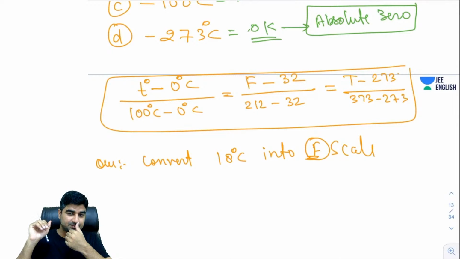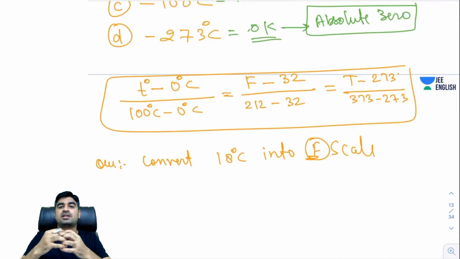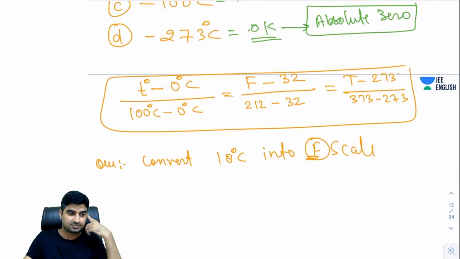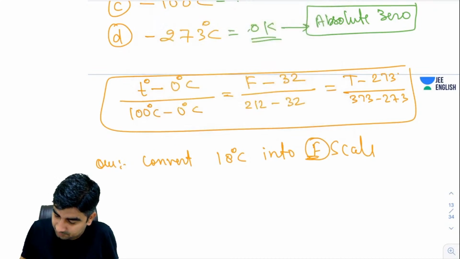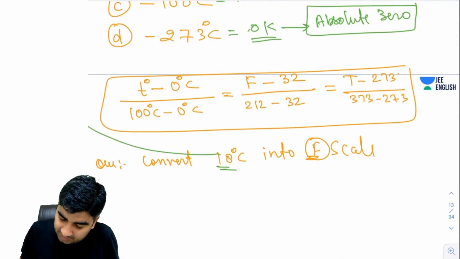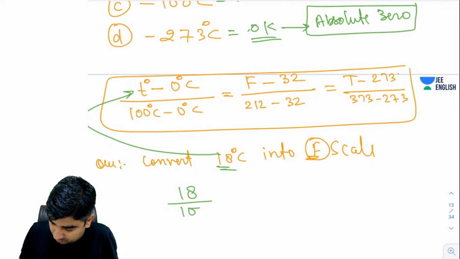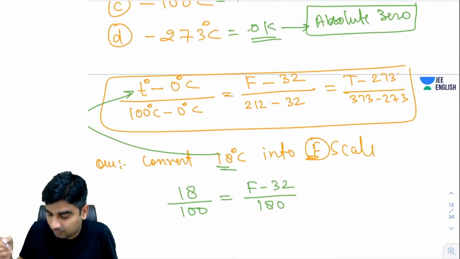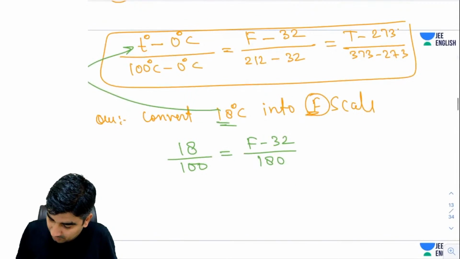Yes, I'm waiting. So how will you convert degree Celsius into Fahrenheit scale? How? So you can do one thing. Just put 18 degree here. Right? And now it is done. You can write it this way.